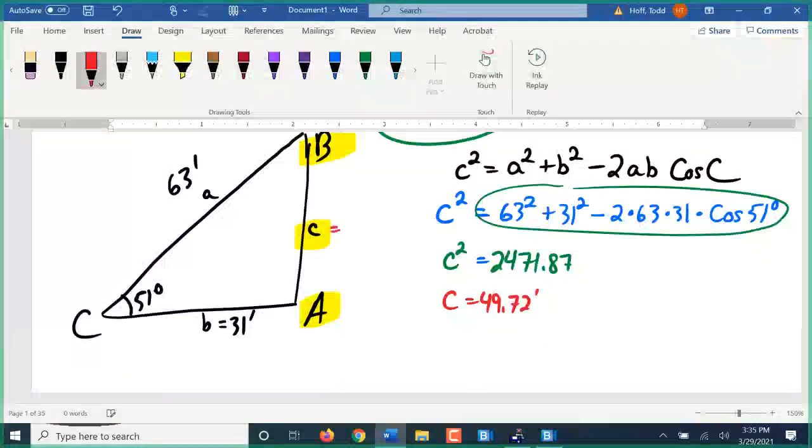How many had 49.72 for C? 49.78? Yeah, you wrote it down and typed it back in. That's within acceptable tolerances. If you're within a few hundredths, I'm good with that. I even wrote down 7 digits after the decimal.